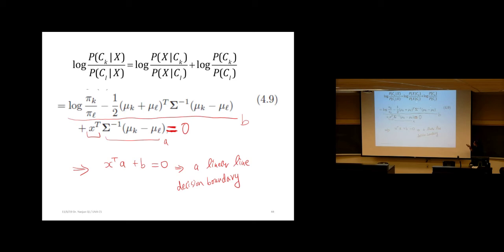And because I know sigma and I know the mu, this whole thing is just a constant B, and this X transposition is another constant A. It follows the formulation X transposition A plus B, which is a linear line. You can totally prove it. LDA actually indicates linear decision boundaries.